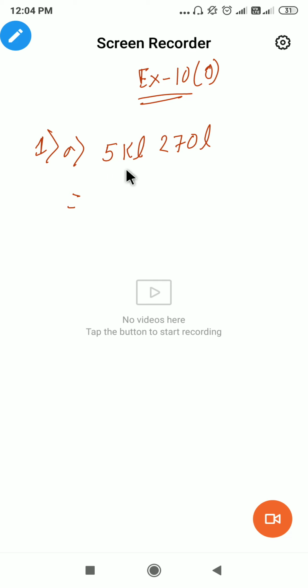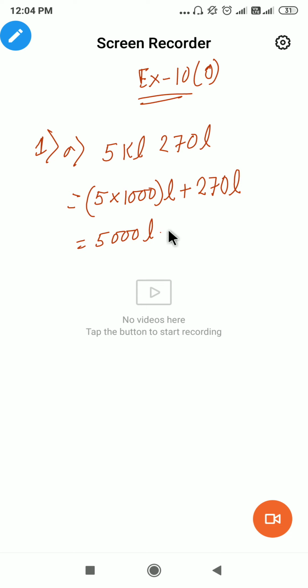Just convert 5 kiloliter to liter. How to convert 5 kiloliter to liter? Multiply with 1000. So this will convert it to liter, and then there is 270 liter. What to do with this? You have to add this 270 to the previous one. So this will be 5000 liter and this one is 270 liter. Now add them, you get the answer.